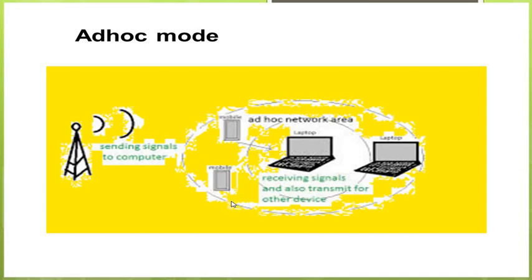In such cases, ad hoc networks are used for carrying out operations in disaster management. Here it is left to the nodes how they organize themselves and send the packets. So this is about the ad hoc mode.